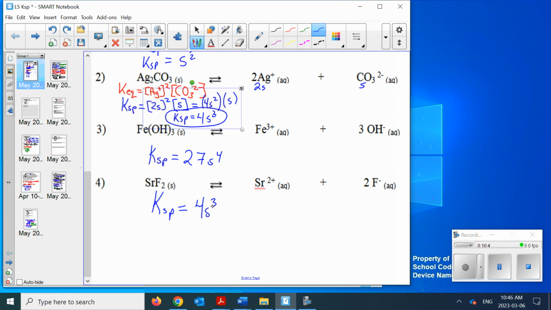However, you know how I was writing in the red KQ and then Ksp? If you were to make a mistake on your Ksp and you had 4S squared instead of 4S cubed, but you showed me your KQ and it was correct, I'll give you 1 out of 2. So if you want to show all your work, that's an insurance policy in case you make a mistake. If you want to skip straight to the answer, then it's all or none: 0 out of 2, 2 out of 2.